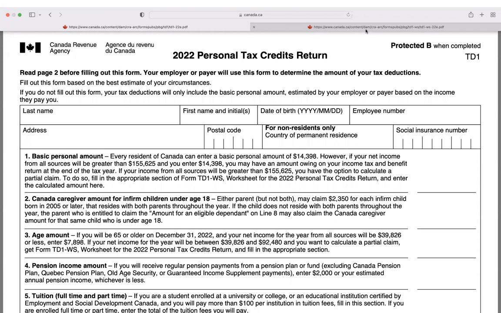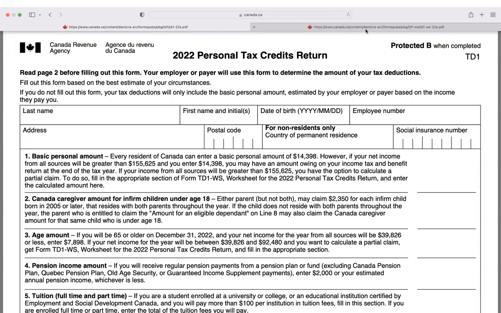Today we are talking on the 2022 Personal Tax Credits Return, TD1. So your employer or your payer will use this form to determine the amount of your tax deduction.